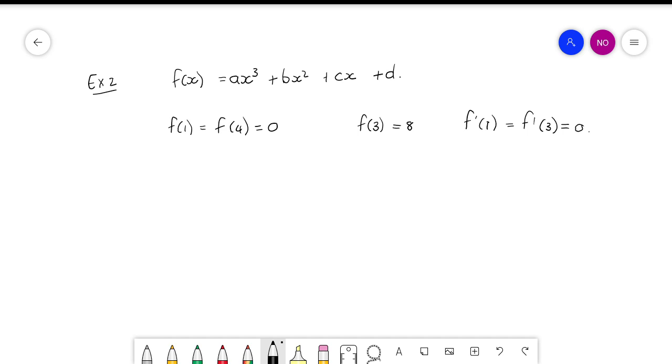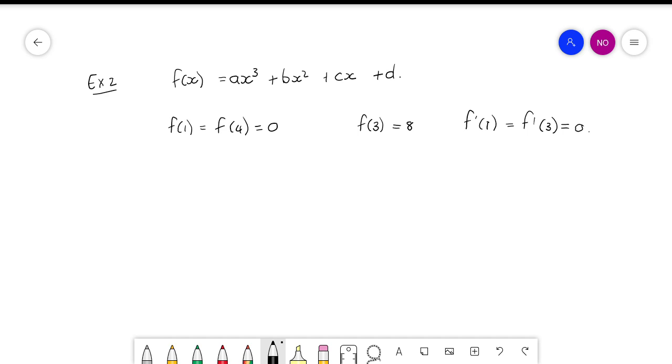Okay. En die eerste vraag wat hulle hier vir ons gaan vra is skets die grafiek van f en dui die x afsnitte en die draaipunte aan. So we have to sketch this without worrying about the y-intercept. They're only looking for the x-intercepts and the turning points. But let's unpack those 3 pieces of information first.